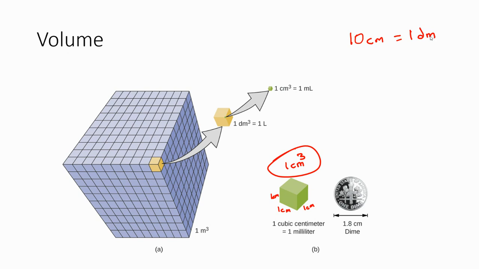If I cube something, I have to cube not only the numerical value, but the unit as well. So there are 10 cubed centimeters cubed in 1 decimeter cubed. Simplifying that a little bit, that comes out to 1,000 centimeters cubed for every 1 decimeter cubed. That's just another way of saying that there are 1,000 milliliters in 1 liter.